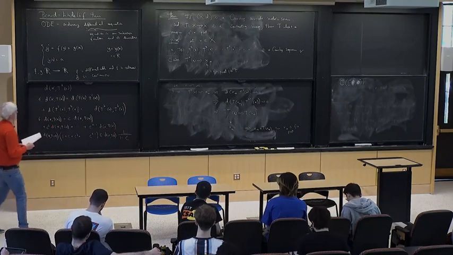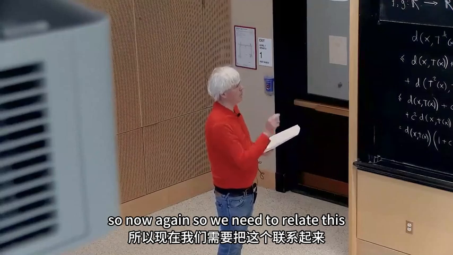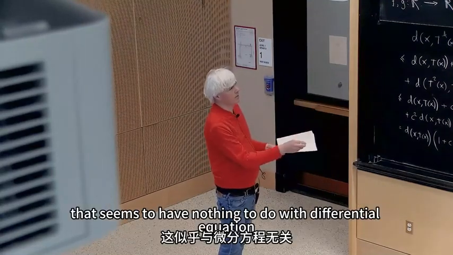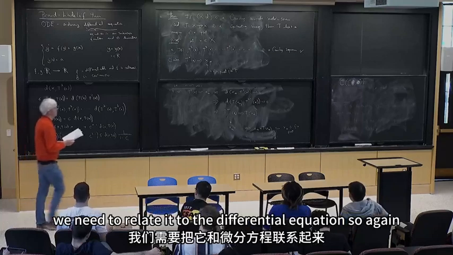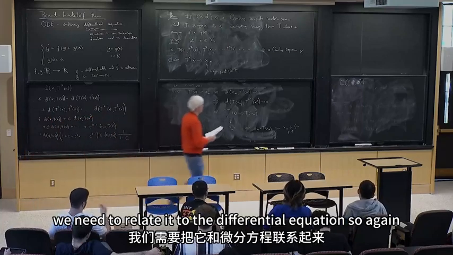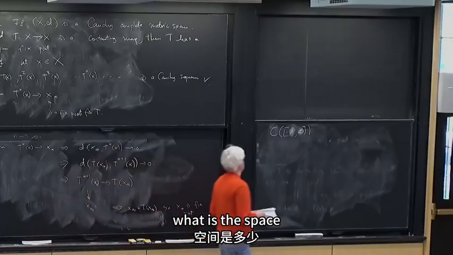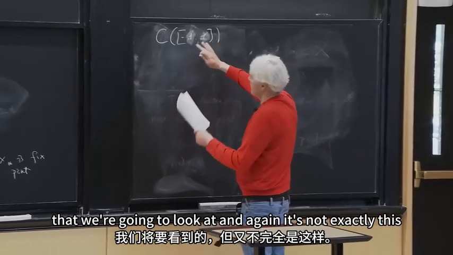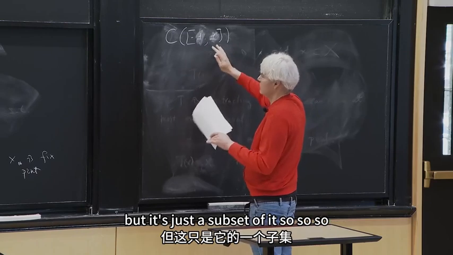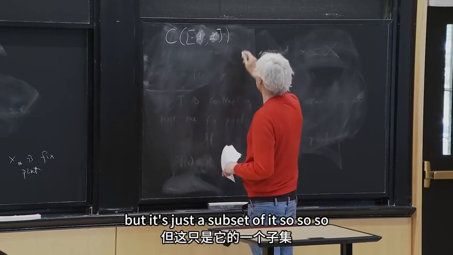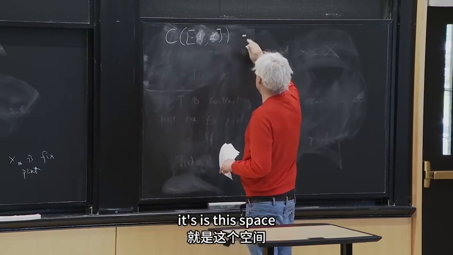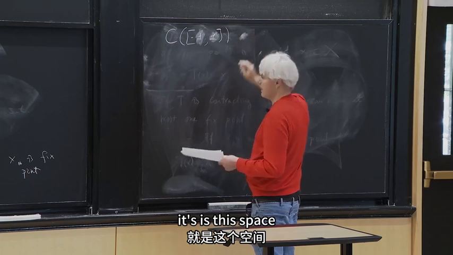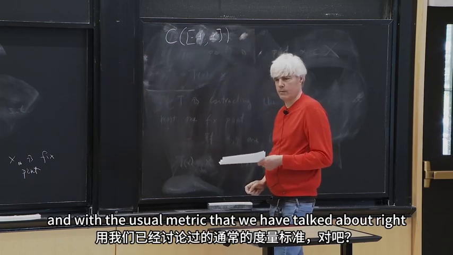Okay. So now again, we need to relate this. That seems to have nothing to do with differential equations. We need to relate it to the differential equation. So again, what is the space, the metric space that we're going to look at? And again, it's not exactly this, but it's just a subset of it. So it's this space, with the usual metric that we have talked about, right?